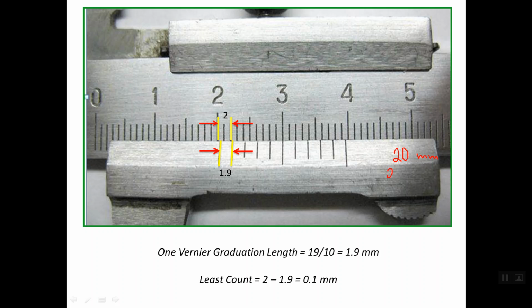In this case, the length of one division on the Vernier scale will be 20 mm divided by the number of divisions, which is 10. So the length of one division is 2 mm. So instead of having 1.9, we have 2 mm, and we see that we also have the same distance, which is 2 mm, on the main scale.